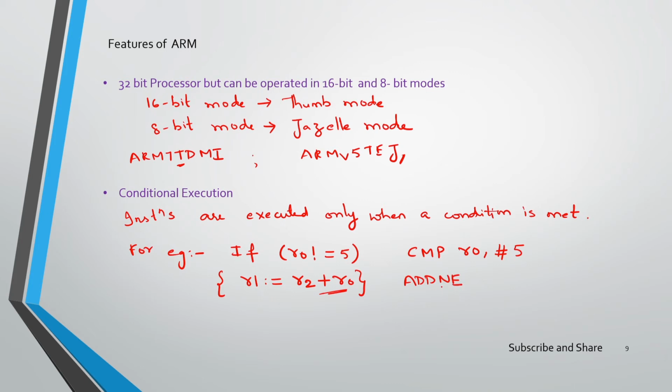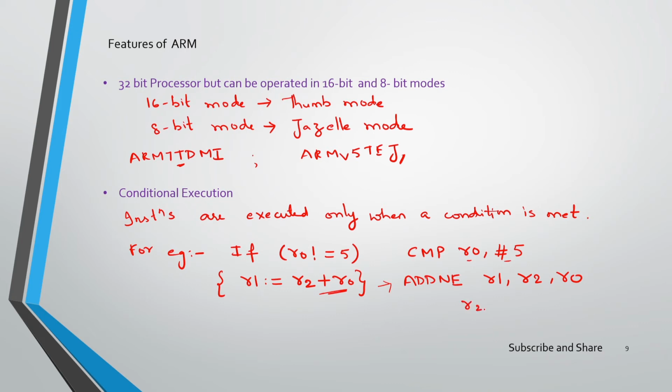So this is a condition here. I am incorporating the condition in the opcode itself. ADDNE: what is the destination? R1, and the source operands are R2, R0. If the contents of R0 are not equal to 5, then this instruction will be executed.